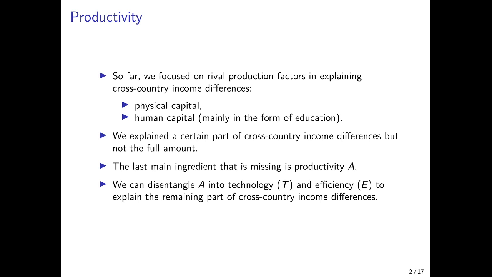There we have altogether seen that we can explain a certain part of cross-country income differences by these two accumulable rival production factors, but that a large part still remains unexplained.